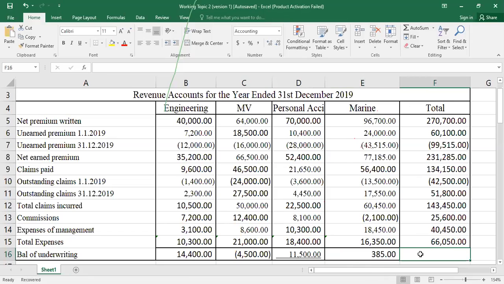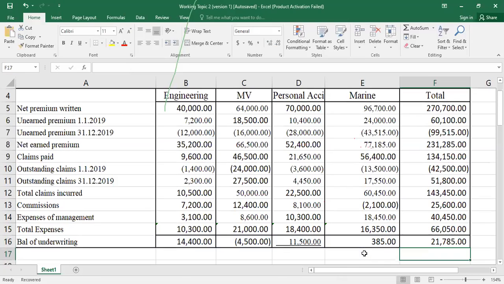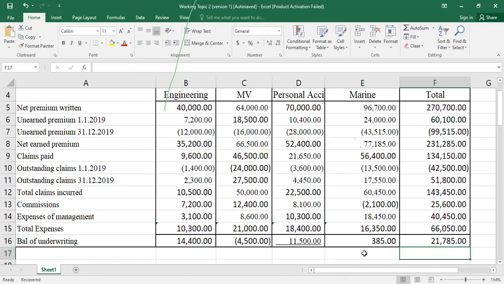And then overall, we are just getting the totals, to know how the business was overall. So we are getting a profit of, is it negative?